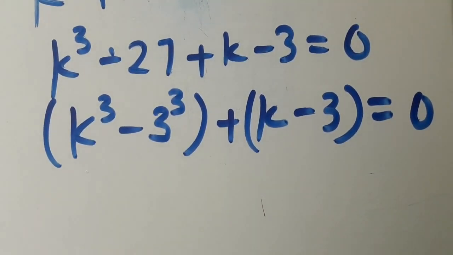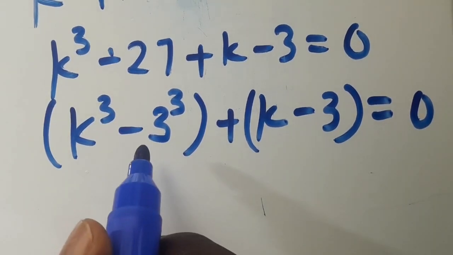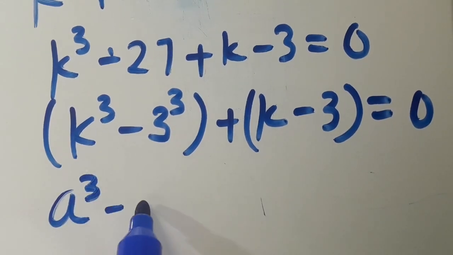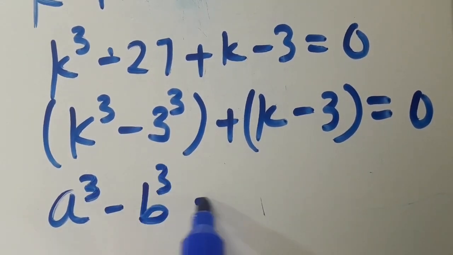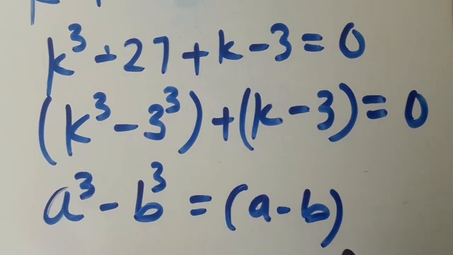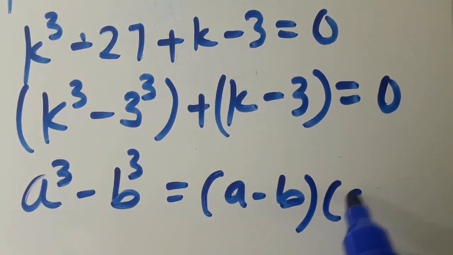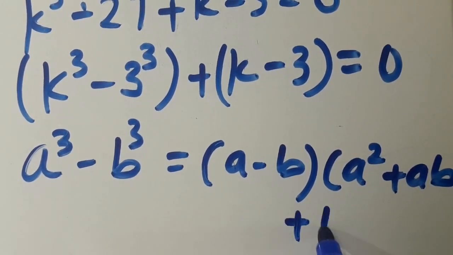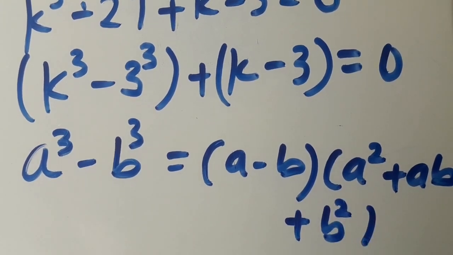Recall the difference of two cubes: a to the power of 3 minus b to the power of 3 equals a minus b, multiplied by a squared plus ab plus b squared.